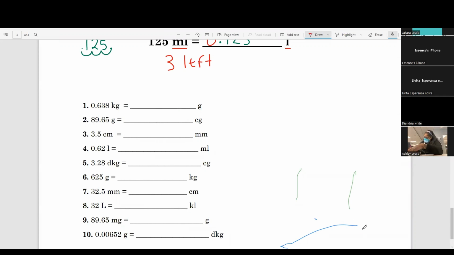All right, so if we take a look at number one, it says 0.638 kg is equal to how many grams? Of course, I gave you guys the prefixes, so you have to make sure where the conversion is going. We know that kg is for kilograms. Because we just see a letter by itself, that lets me know it's a base unit, so that's grams.